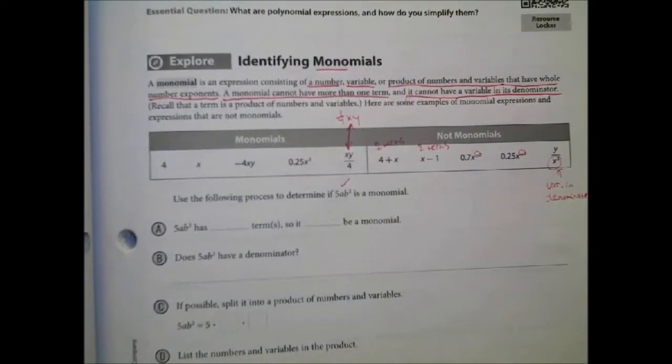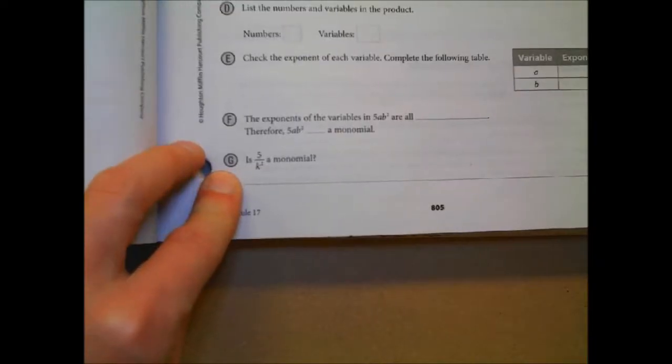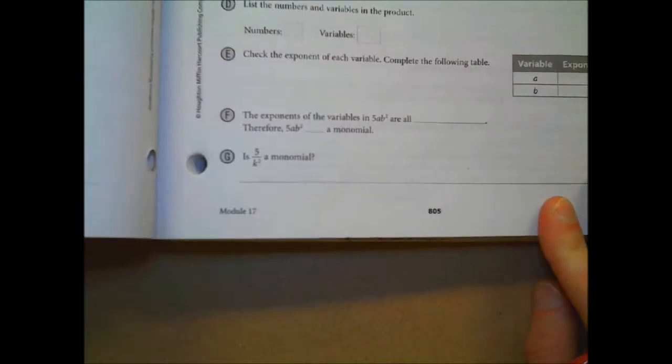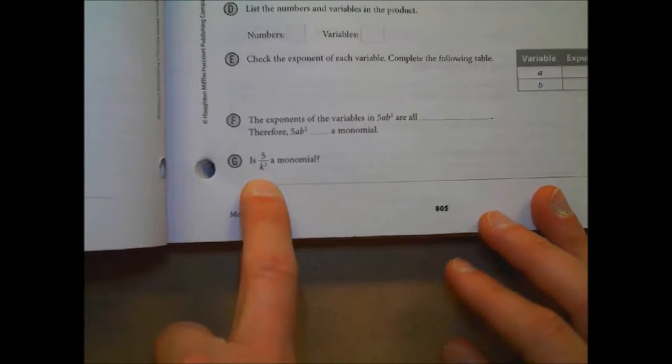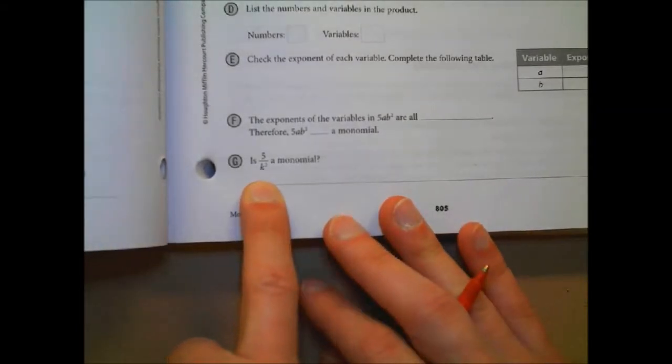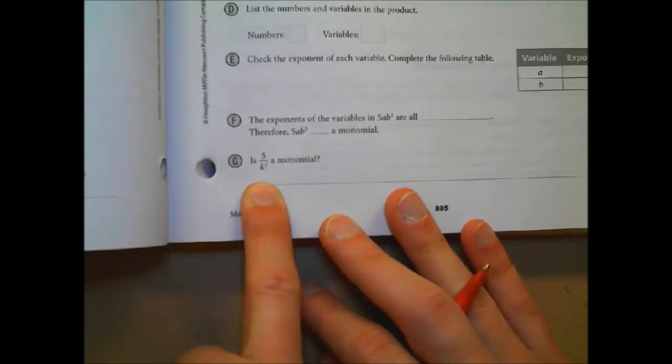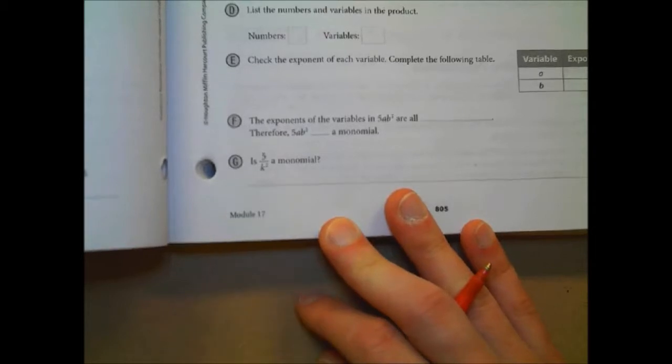Let's skip down here to letter G. Okay, is 5 over k squared a monomial? Let's go to Daniel. What do you say, Daniel? Is 5 over k squared a monomial? No, Daniel says with a question mark at the end. Hannah, what do you say? 5 over k squared, is it a monomial?